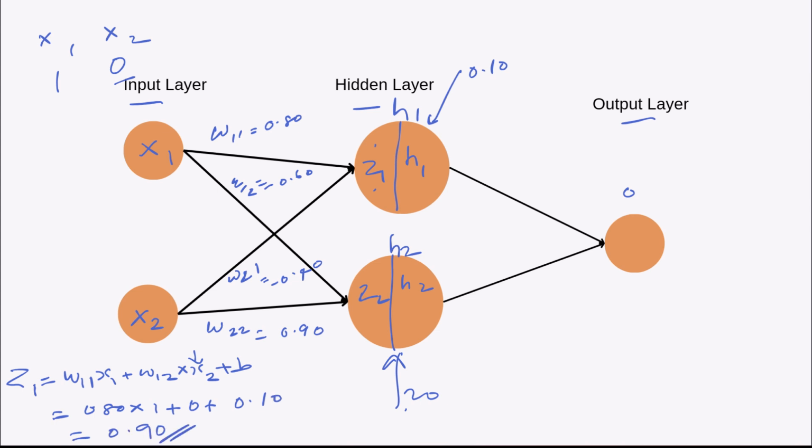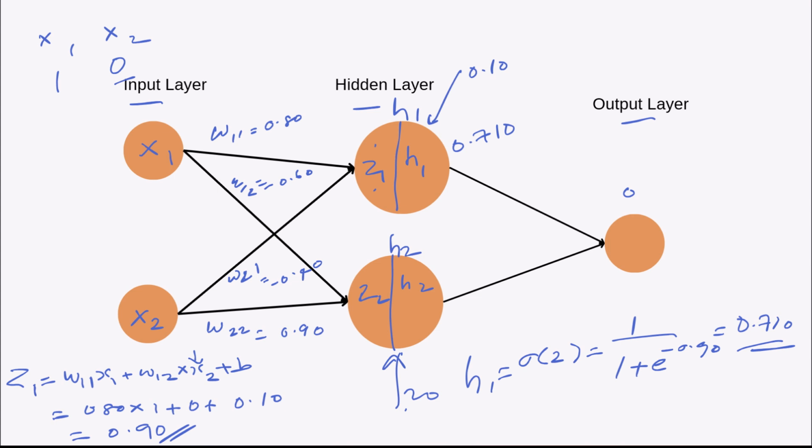So we got Z1 as 0.90. Now we need to find out the H. The way to find out H is using the sigmoid function, that is 1 by 1 plus e raised to minus 0.90. If you calculate this value, you get 0.710. So we can write this as 0.710.